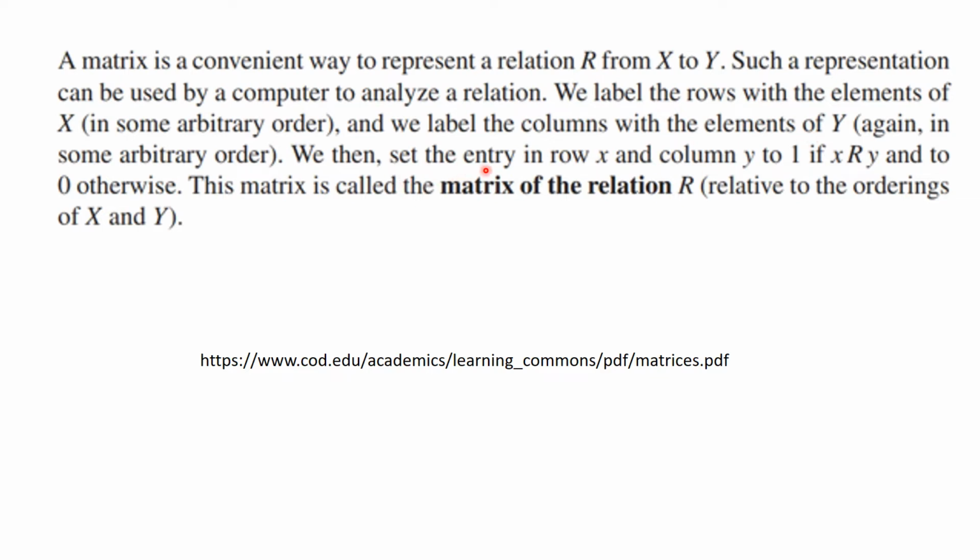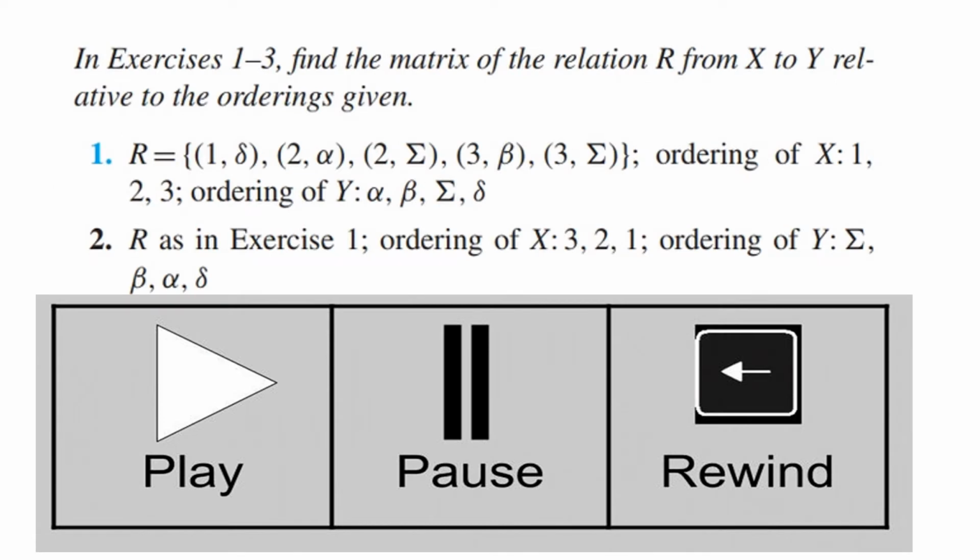Then we set the entry in row x and column y to 1 if x is related to y, and to 0 otherwise. This matrix is called the matrix of the relation R relative to the orderings of X and Y that we have. I did mention last time, and I reference it again, Dave came up with a QR code or something like that, but if you go to this site, you can review matrices, for those of you who are not taking linear algebra at present.